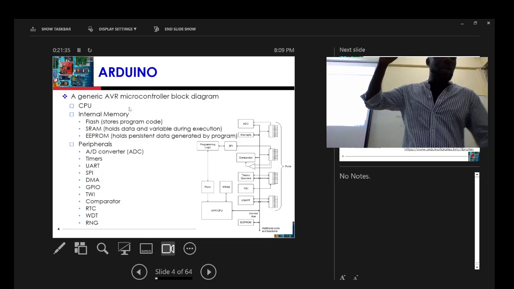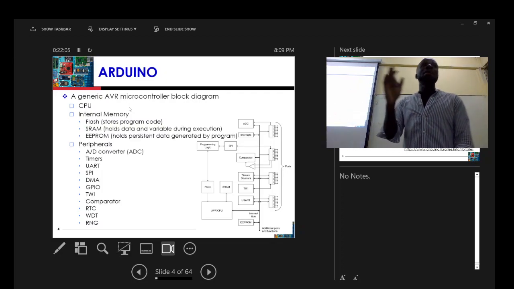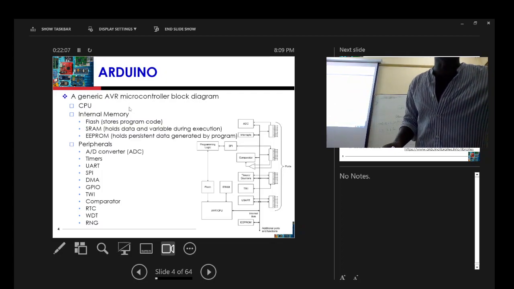Understood? So if I write a code where int A is equal to 5, B is equal to 10, and I have a variable C, and then I say C is equal to A plus B. I compile it and download the code onto the flash.